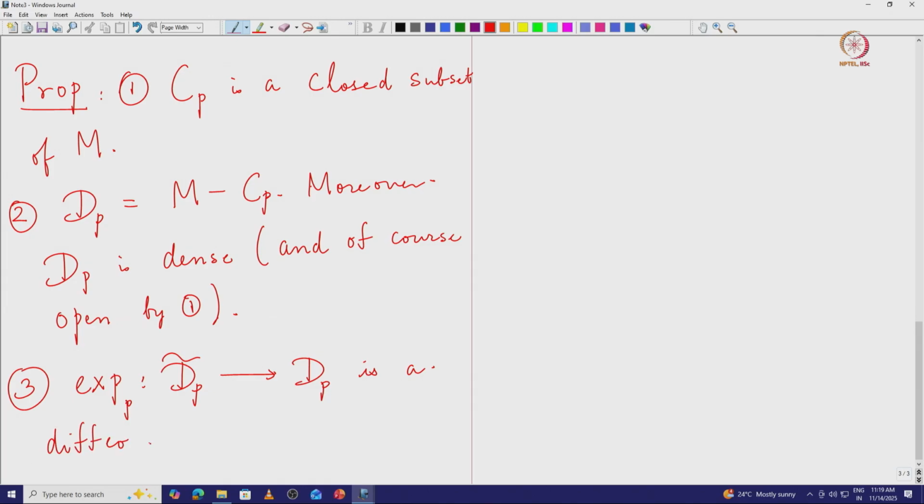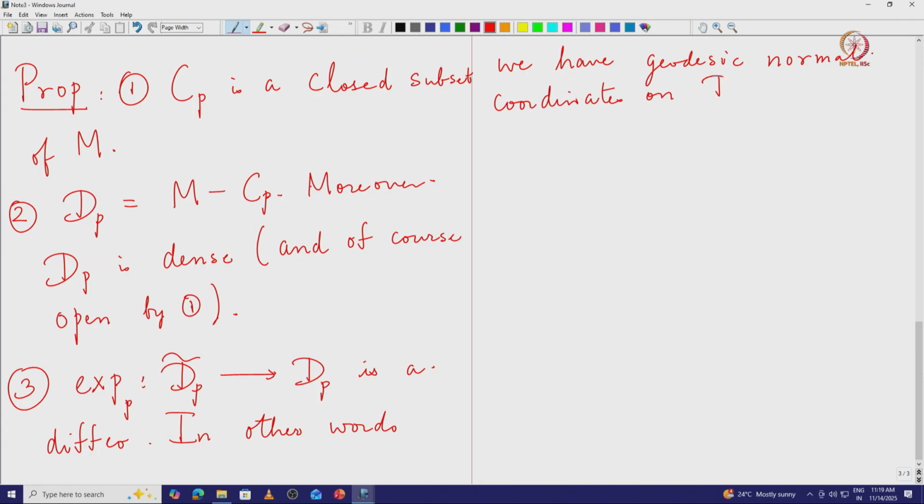In other words, we have geodesic normal coordinates on this large open dense subset.